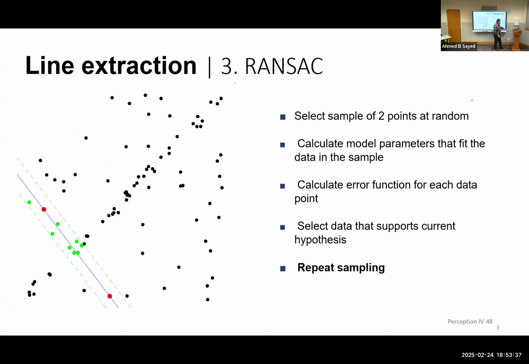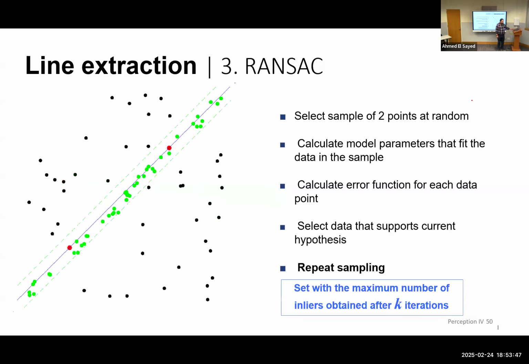Then sample again. Again, build the third row in the table. Sample again. Keep doing this again and again until you have two values that lie on this cluster of points.